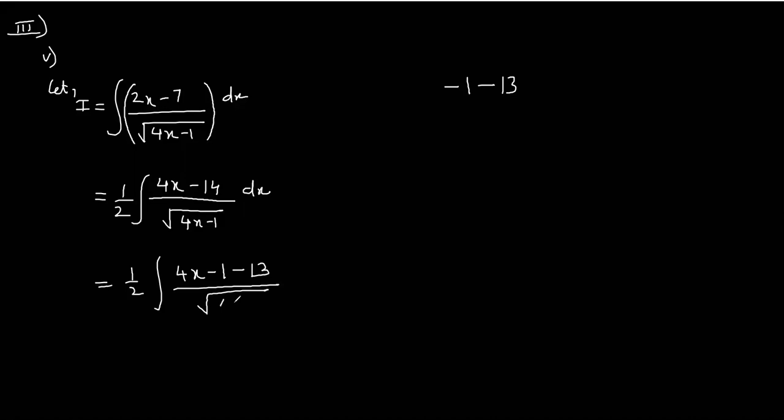What I did, students, I looked at the content of the root in the denominator, which is 4x minus 1. So in the numerator, I wrote minus 1 minus 13. My aim is to see the denominator repeated in numerator.